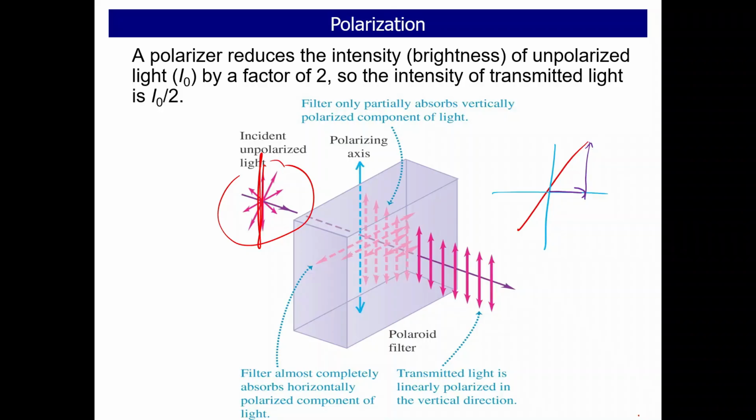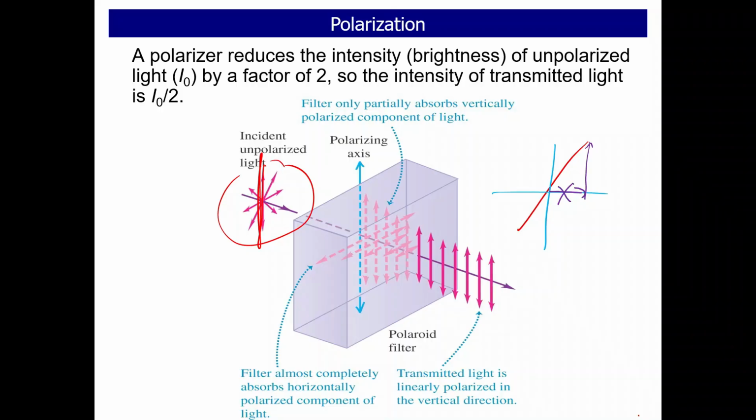So like for this particular angled wave, the horizontal component is going to get blocked, but the vertical component is going to pass through. And so mathematically with calculus, you could prove this, that when you add up all the different possibilities, exactly half of all of the light is going to pass through.